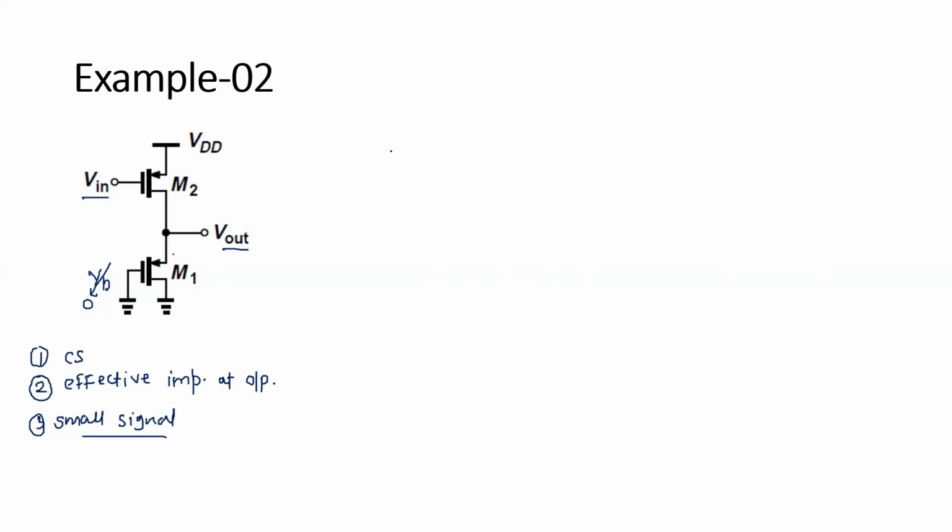At the output, we can see that if you are looking downward, M1 is here. If you are looking upside, M2 is here. For M1, this is your PMOS type, the gate is connected to ground, and the drain is connected to ground. Now we are looking from the side of the source. So this is R out 1, and we are looking down from the side of the source.